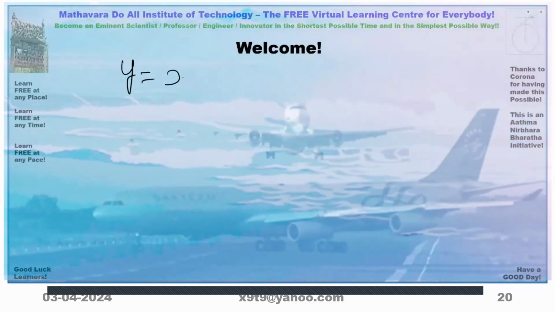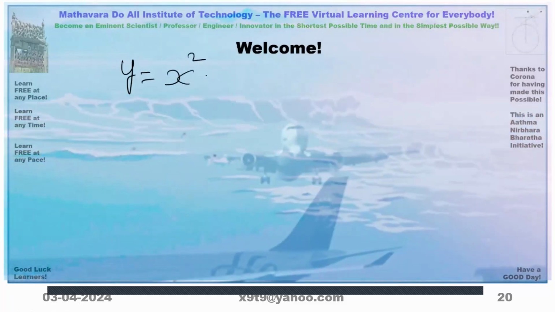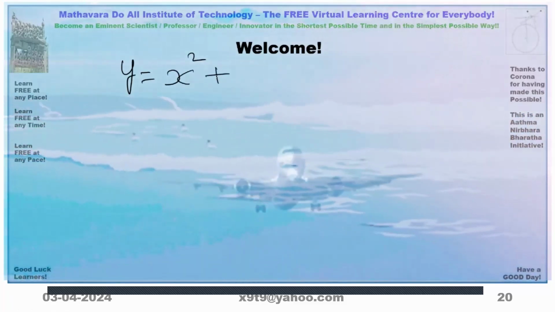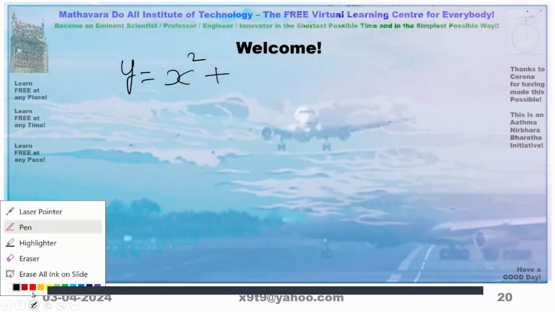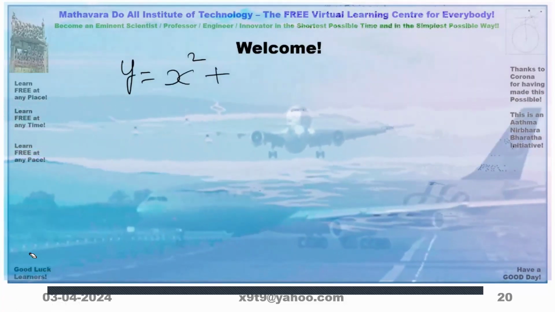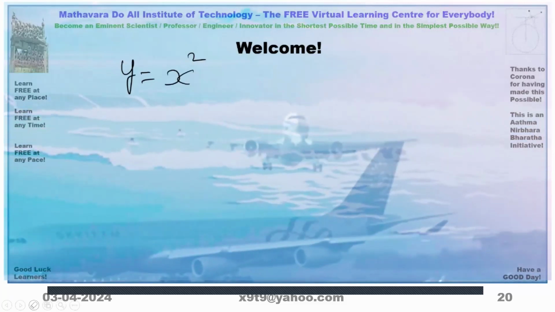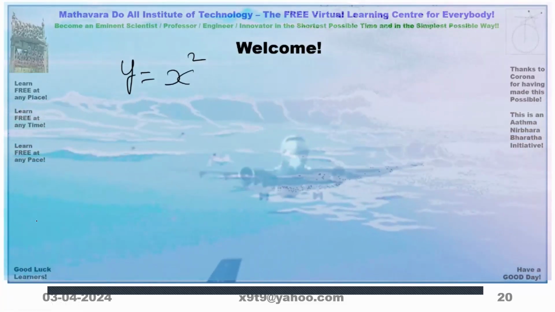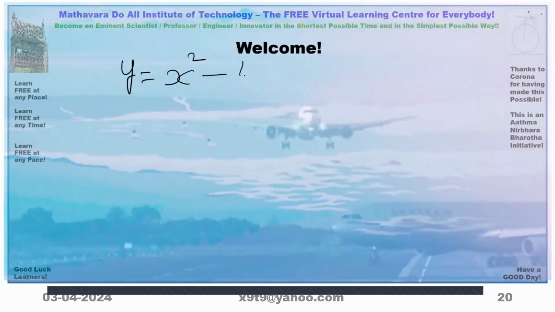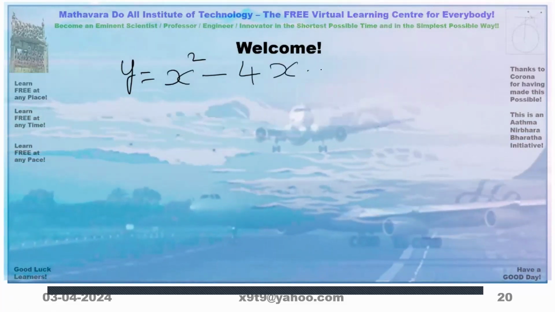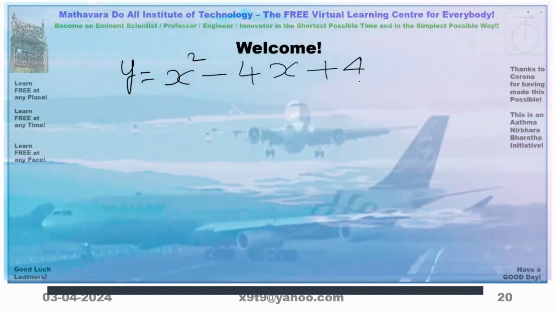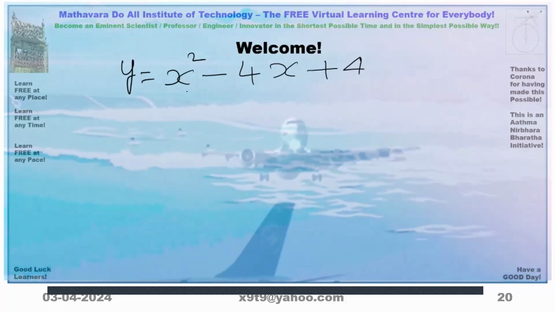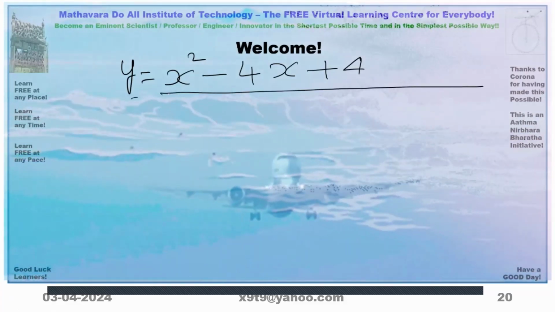Y is equal to x square, say I will put here minus 4x plus 4. So one is drawing the graph for this one.